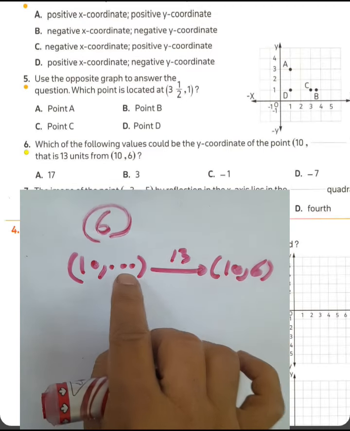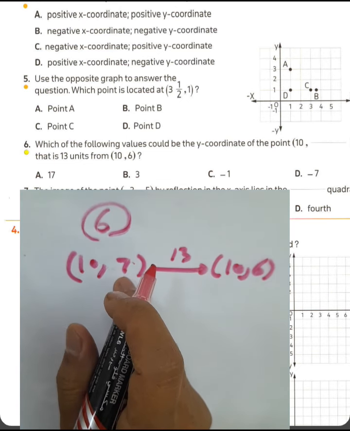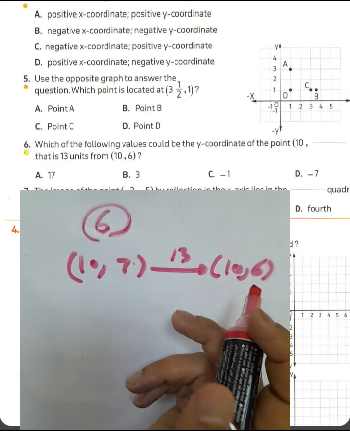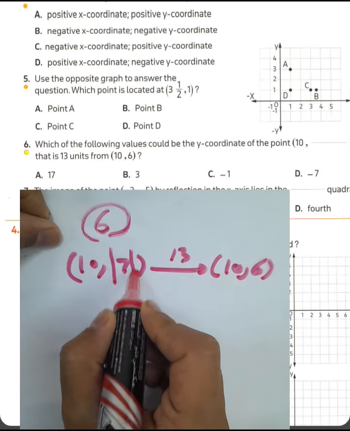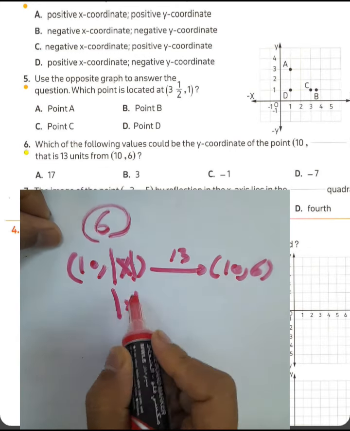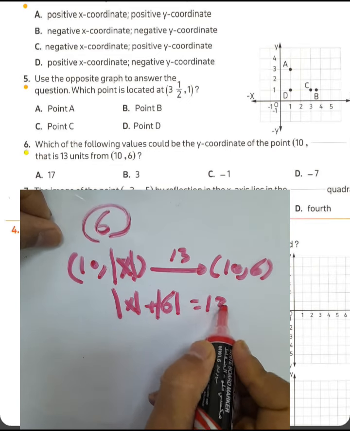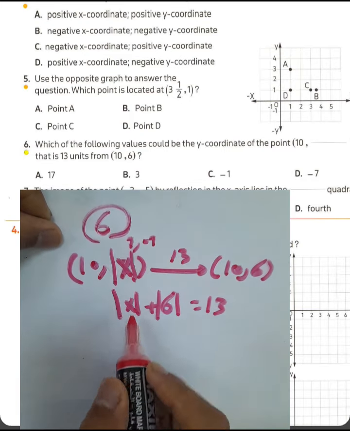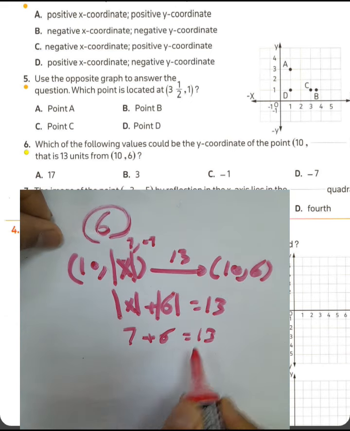Then 6 plus 7 equals 13. You can write -7 or 7 because we find the absolute value of this number plus the absolute value of 6, which is 13. Then x will be 7 or -7 because the absolute value of 7 or -7 is 7. 7 plus 6 equals 13.